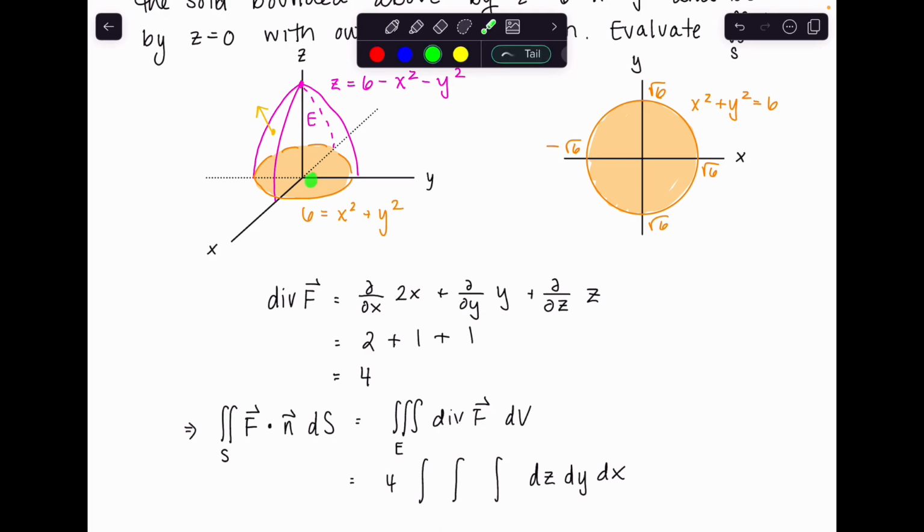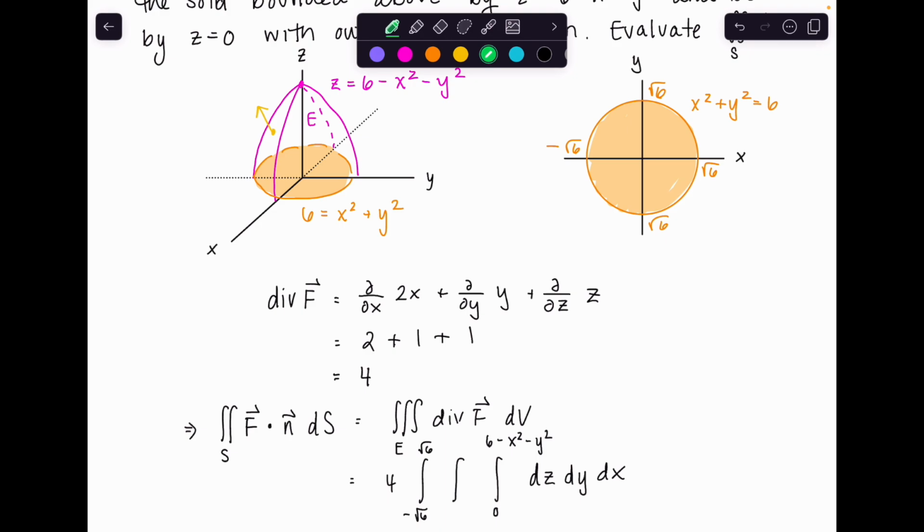So our z value starts at 0 and then goes up to this function. So the bounds are 0 to 6 minus x squared minus y squared. Then looking at the xy plane, the x is the easiest because it's the constants. So that's negative root 6 to positive root 6.